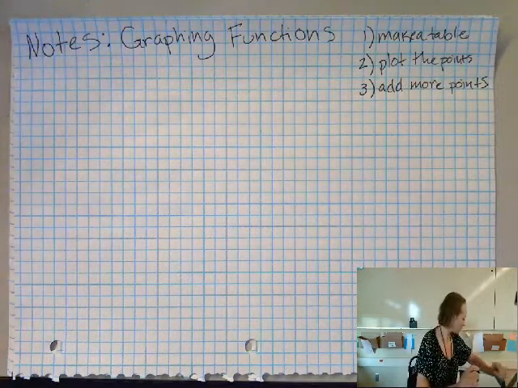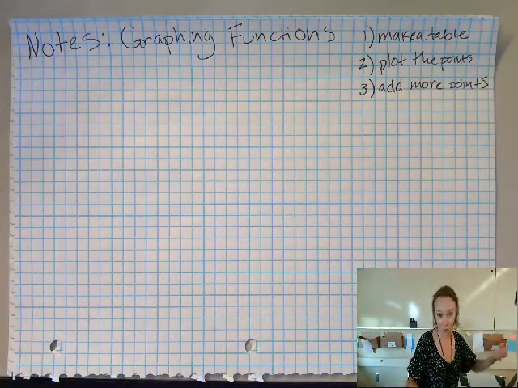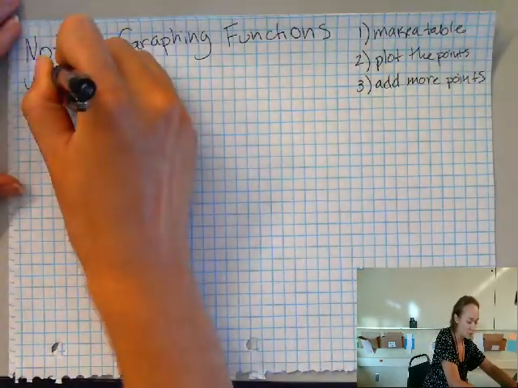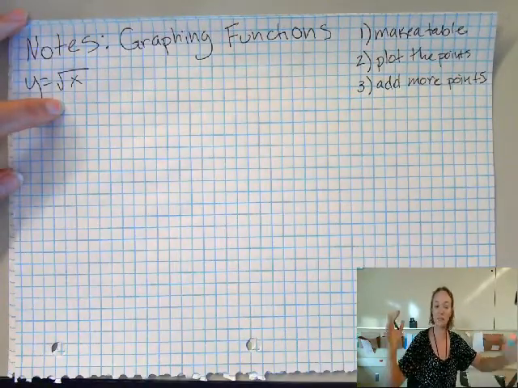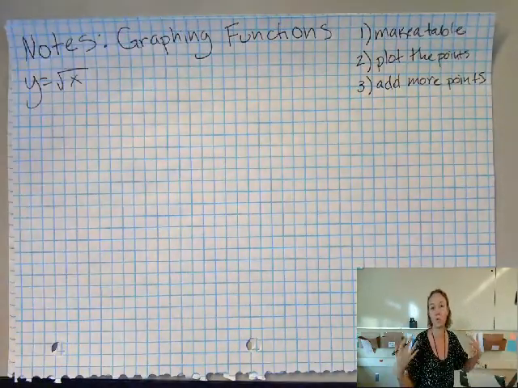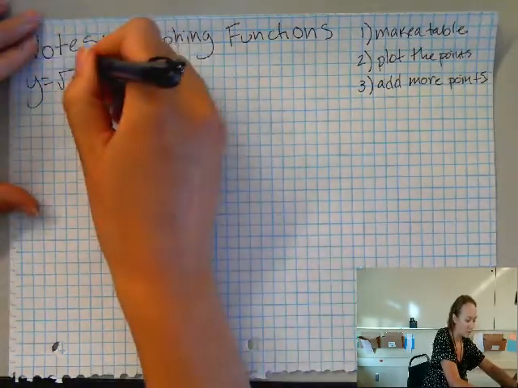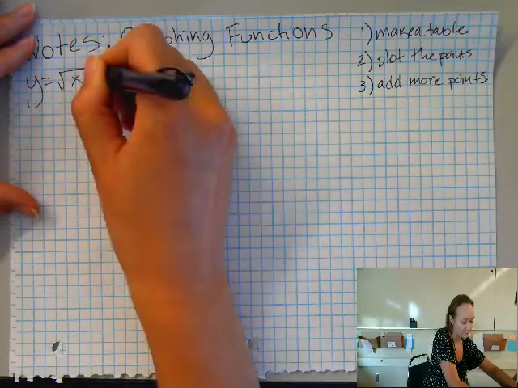Okay, so we're going to start off with one that we've actually been exploring a lot this week, and that is y equals the square root of x. That's what's called the parent function. That's like the simplest of all these square root function graphs. But we're going to change it a little bit. We're going to say y equals the square root of x minus 2.